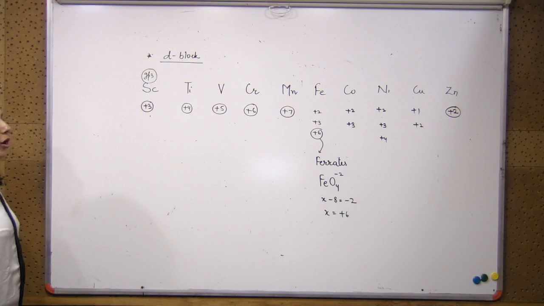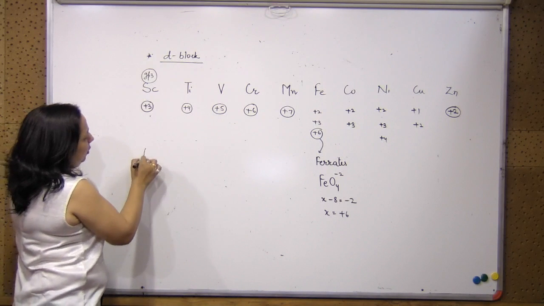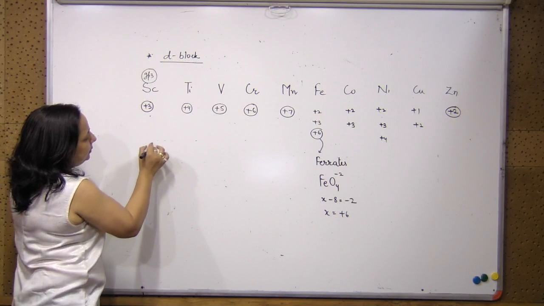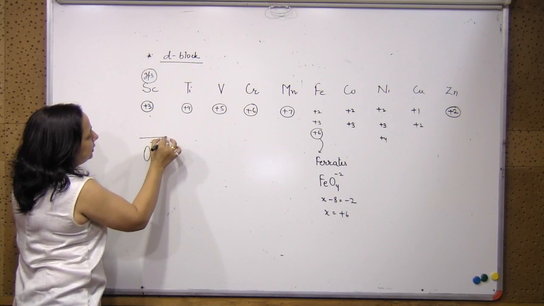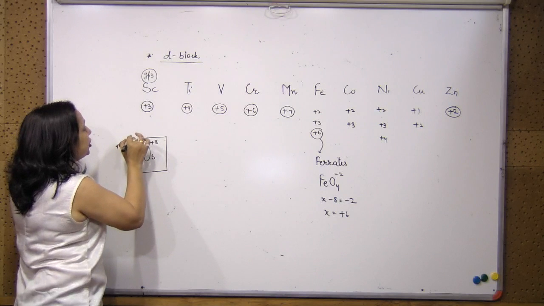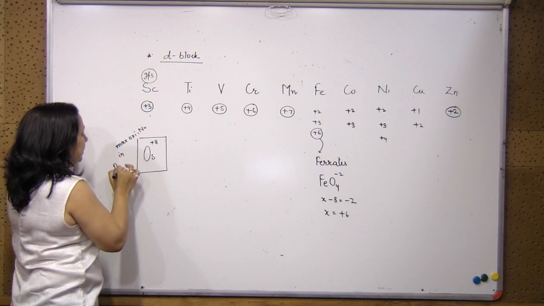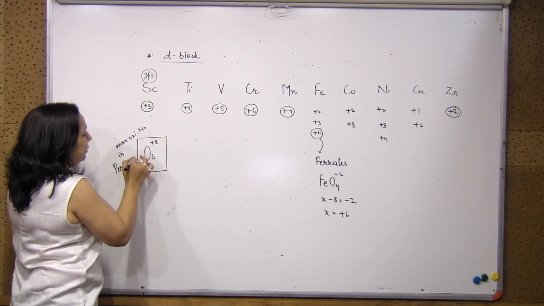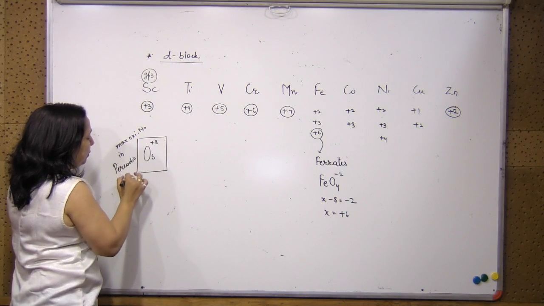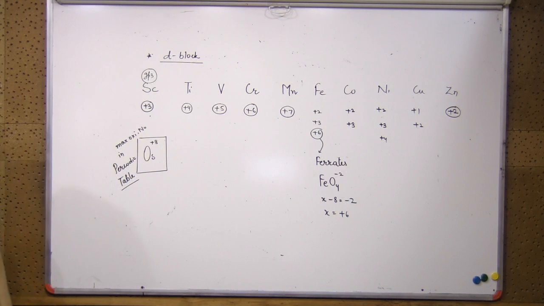It means in the D block, manganese shows +7 oxidation state. Osmium shows +8. This is the maximum oxidation number in the periodic table. +8 is the maximum oxidation state shown by an element.